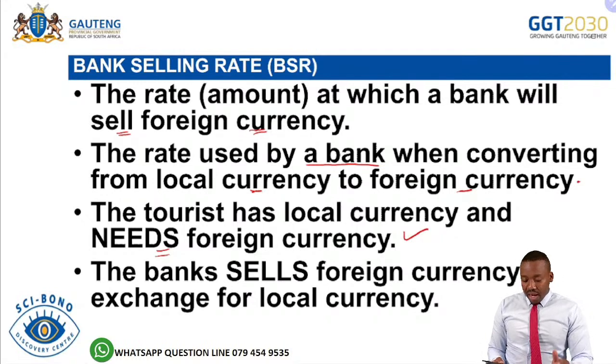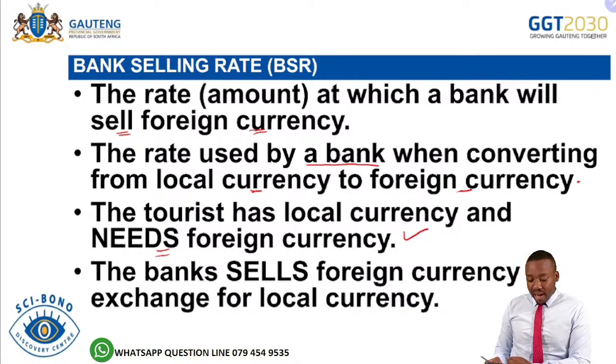Now that we understand a bit the difference between bank selling rate and bank buying rate, now we need to move. Remember, we said when you're talking about bank selling rate, the bank sells what? Foreign currency in exchange for local currency.